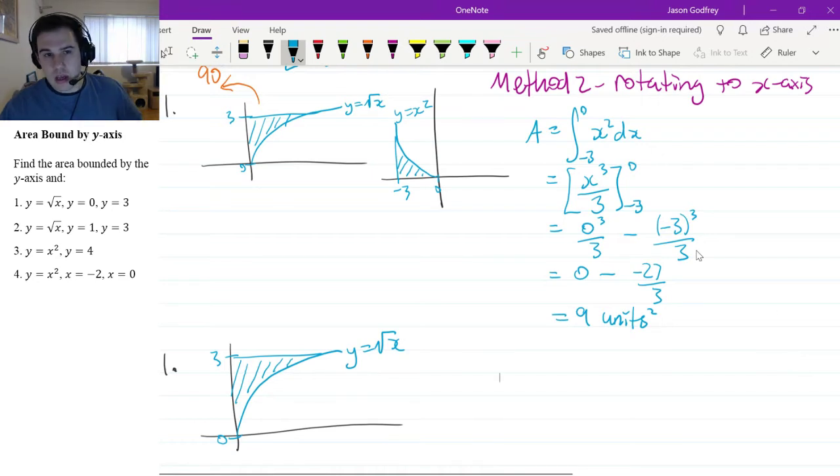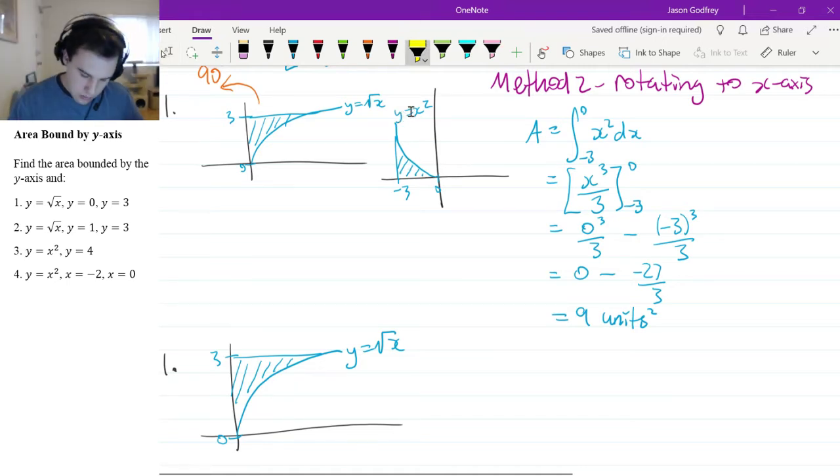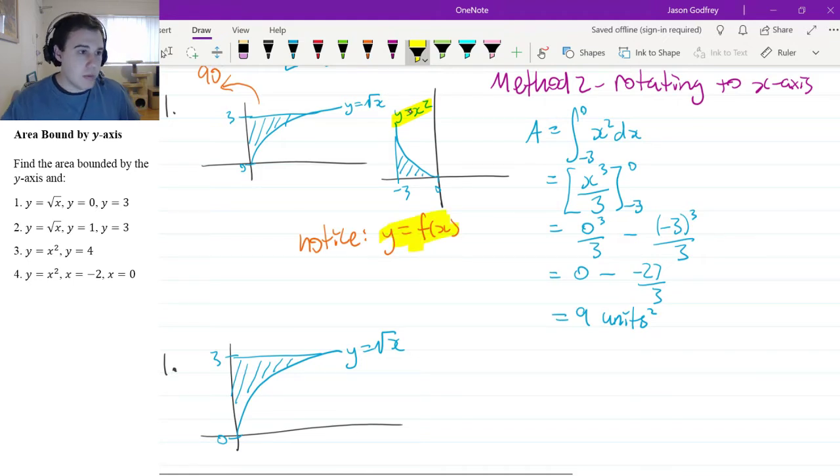So to do this, though, notice, for example, up here, we had a function y as a function of x, right? So just notice y is a function of x, was that piece up there.